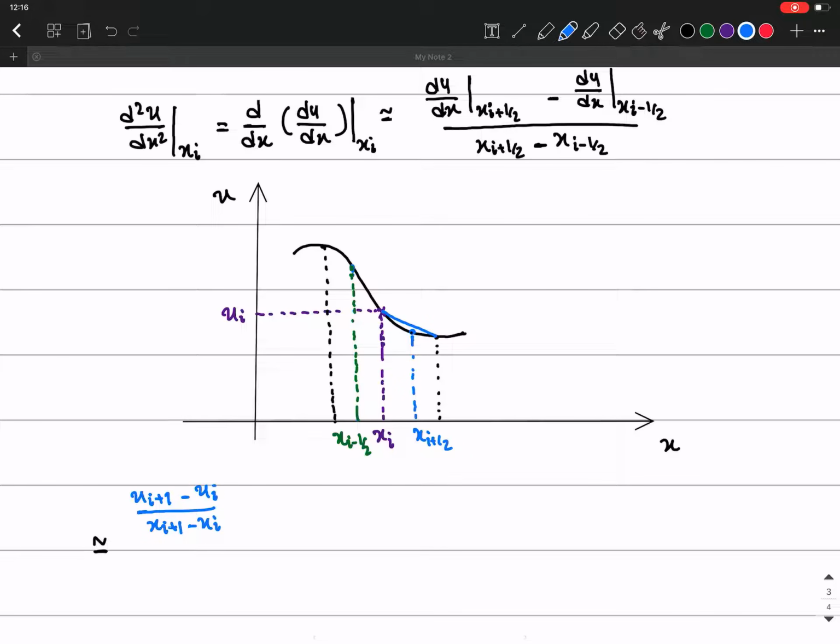This is the first derivative. And the second one, I'm going to show as this line between these two.